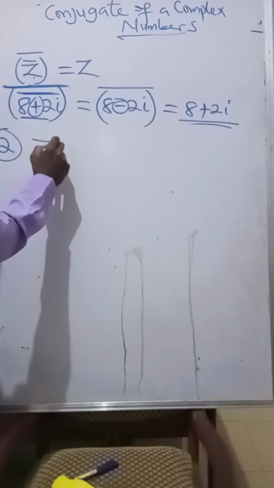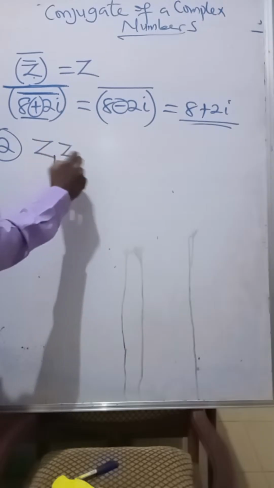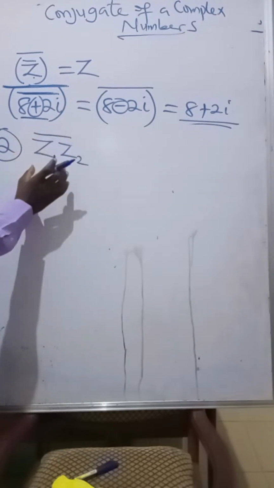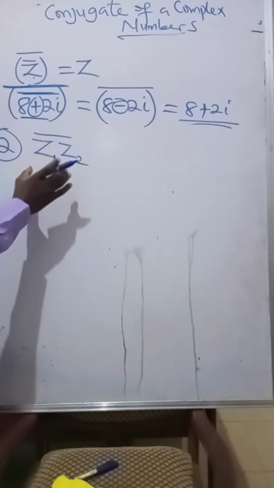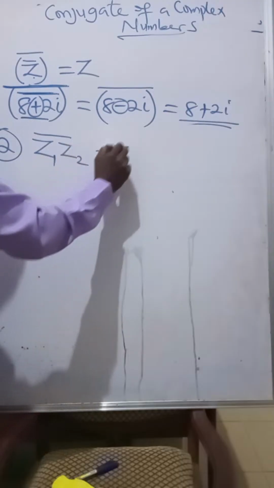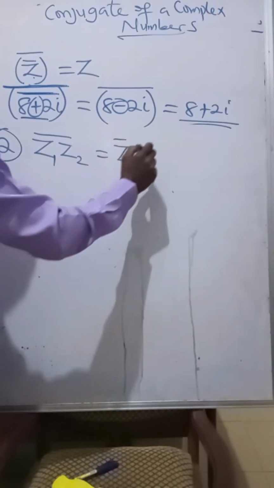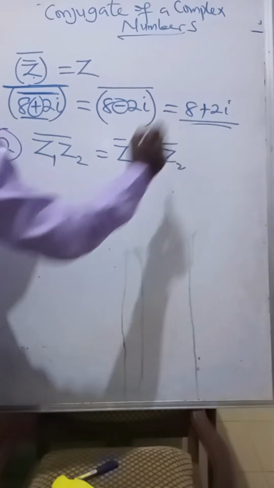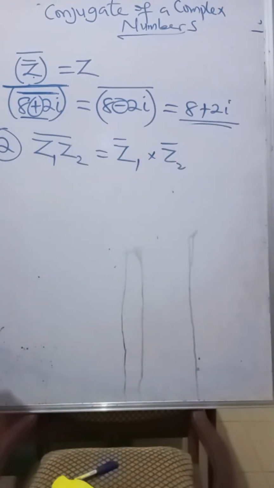Second, when you have the conjugate of a product of two complex numbers, let's say z1 and z2, the conjugate of these two complex numbers will be z1 conjugate times z2 conjugate.